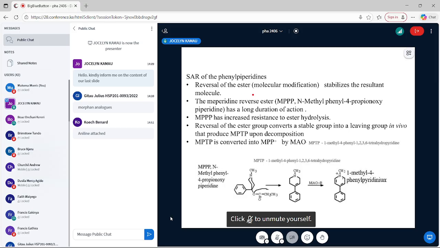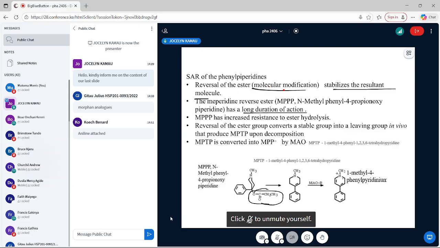So we are still on the reverse of the ester. Molecular modification stabilizes the resultant molecule when we do the reverse. For the reverse esters, the meperidine reverse ester, which we can say is N-methyl-4-phenyl-4-propionoxy piperidine, has a longer duration of action. We are only saying it was found when this ester was reversed, such that you don't start with the carbonyl group, you start with the oxygen.